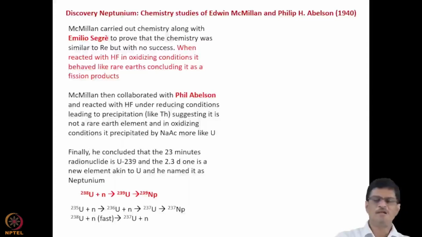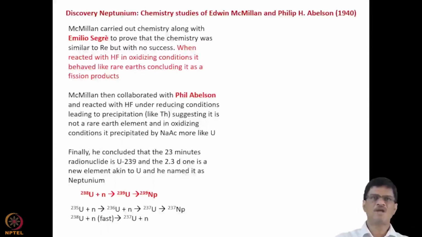So when McMillan approached Segre, he carried out the chemistry of rhenium for this isolated radioactivity. He reacted it with hydrofluoric acid in oxidizing conditions, and it behaved like a rare earth, concluding that it is a fission product and not a new element. So McMillan thought that whatever he had discovered may be a fission product but not a new element.